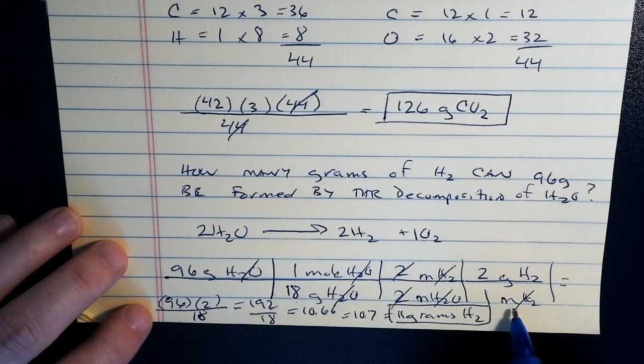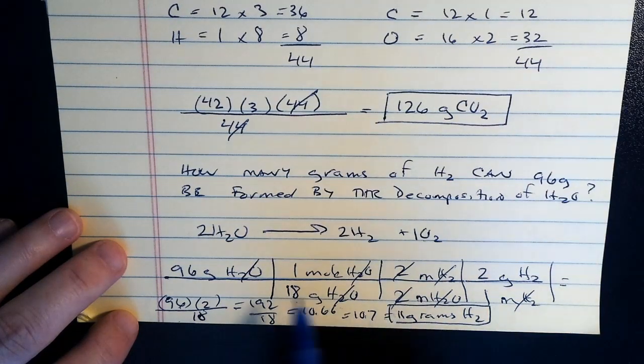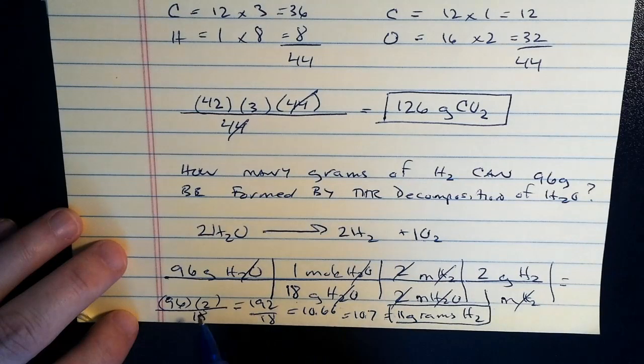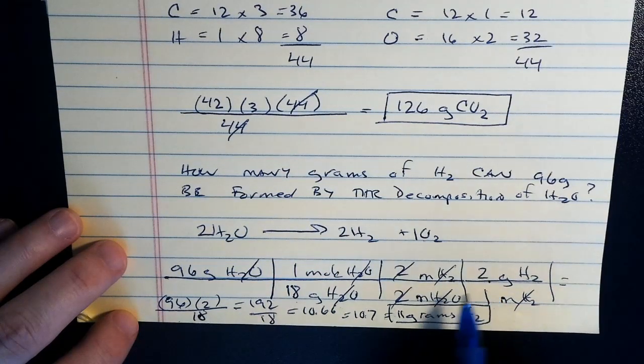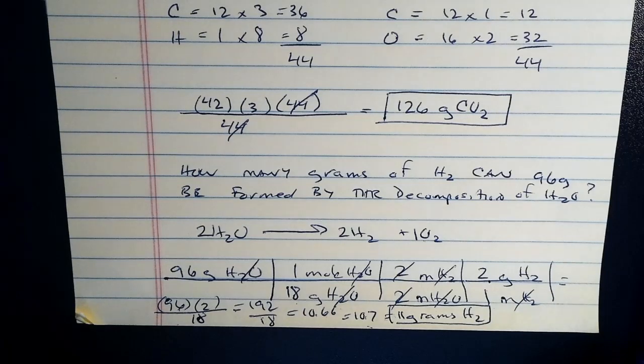Now moles B to mass B. And so we get, these numbers can cancel, pull the numbers over, the ones drop out. 96 times 2 divided by 18, we pulled out the calculator, 10.7 or 11 grams of hydrogen. So that's this mass problem there.